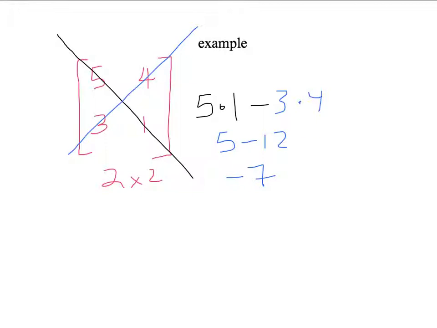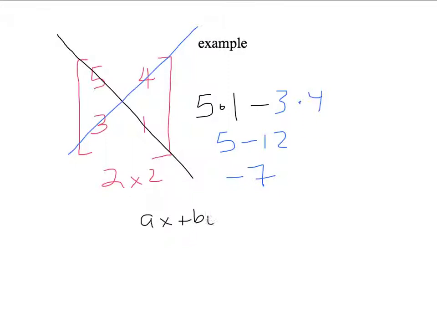Now you may ask yourself, why do I care about this determinant thing? The determinant is very useful when trying to find the solution to a linear system. And if you don't recall a linear system, I will refresh your memory.